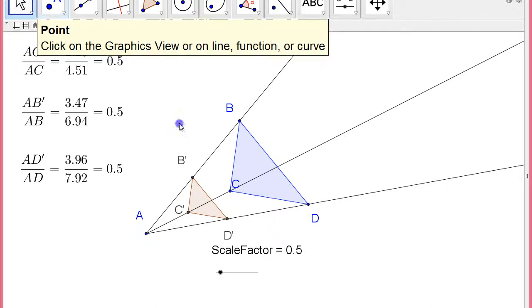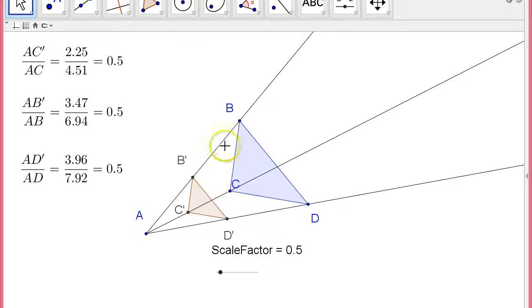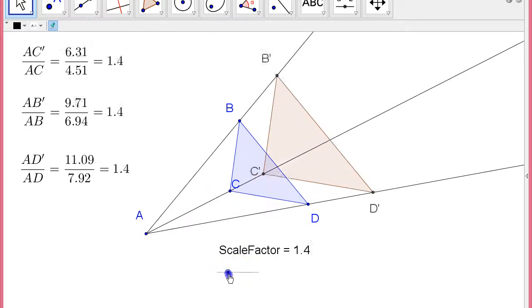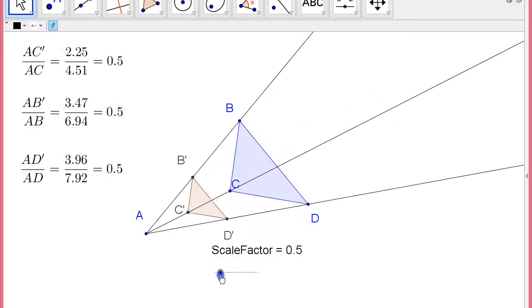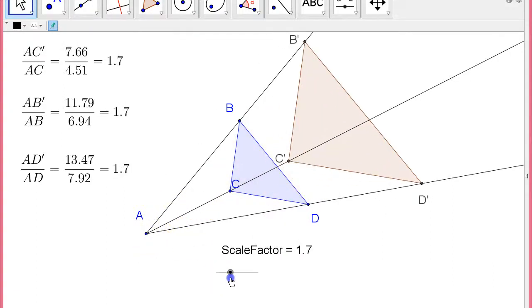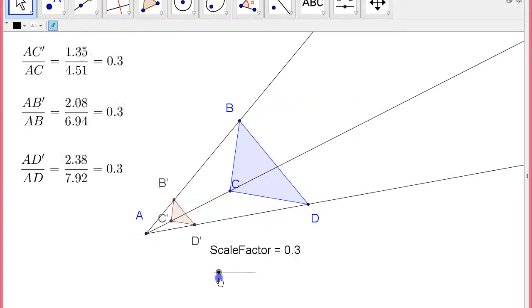Now, if I want to make it bigger, it travels along these three rays that go through point B, point C, and point D. The further I go away from the original point, so right now I'm sitting close to A, I've gotten smaller. If I go away from A, I get bigger. Now, how much bigger? That's the trick to a dilation.